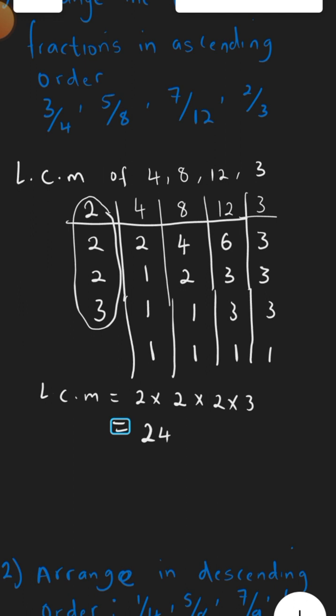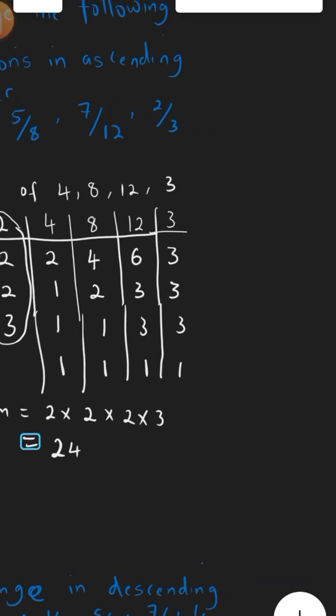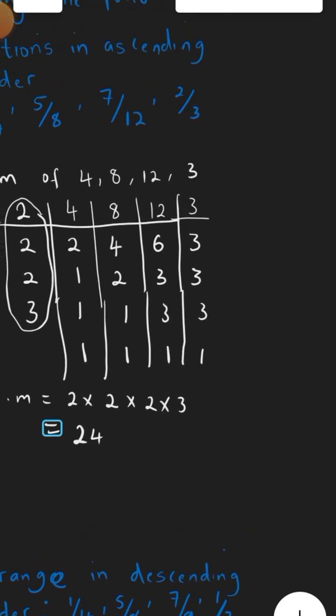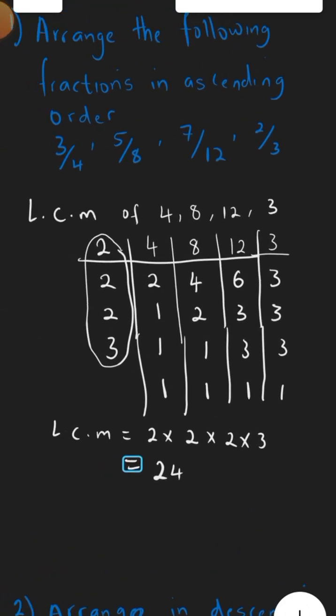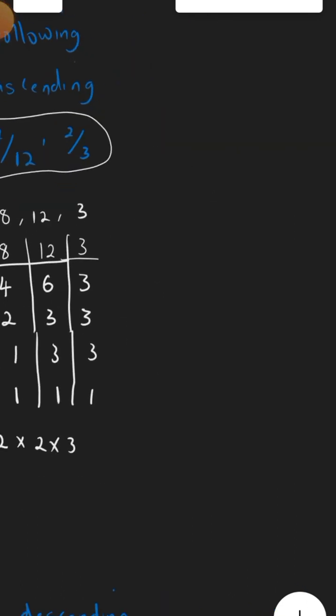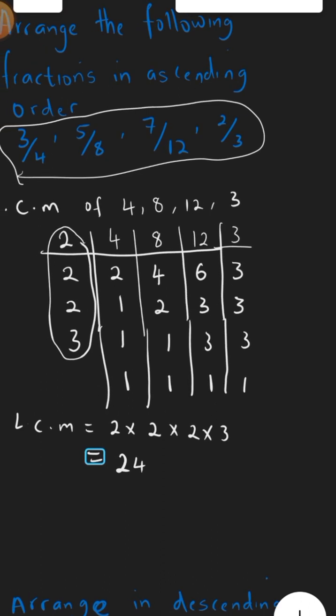Now that I've gotten my LCM to be 24, how do I solve this? I'm going to solve it this way. Look at the numbers I had here. We want to see which one is bigger. So look at my screen closely. The first number I have here is 3 over 4.